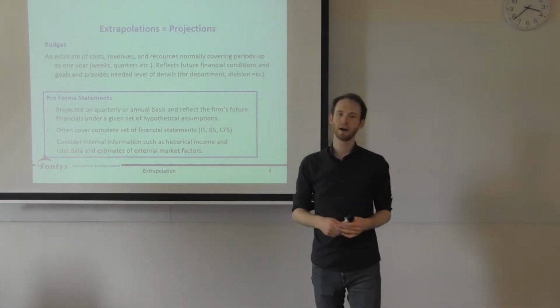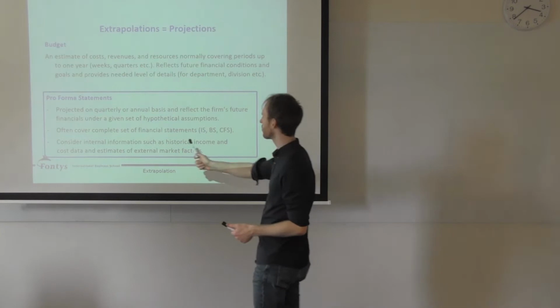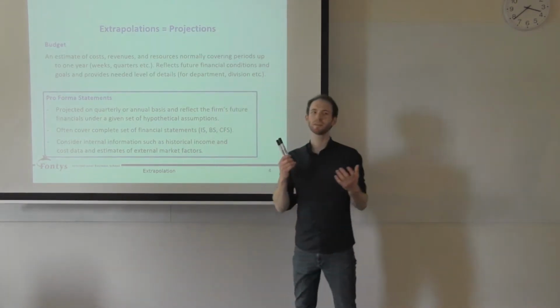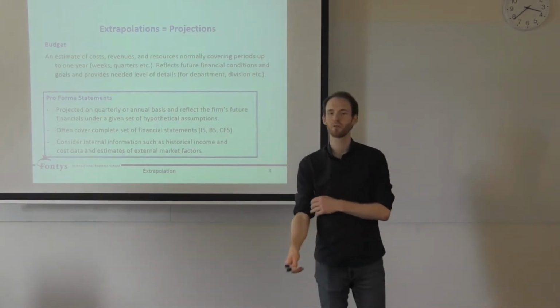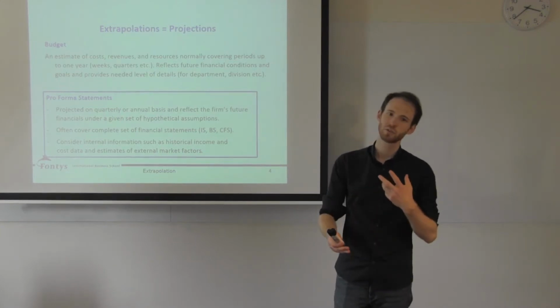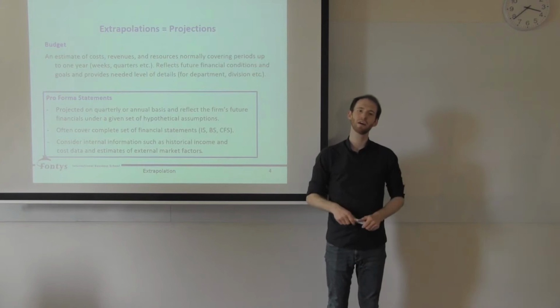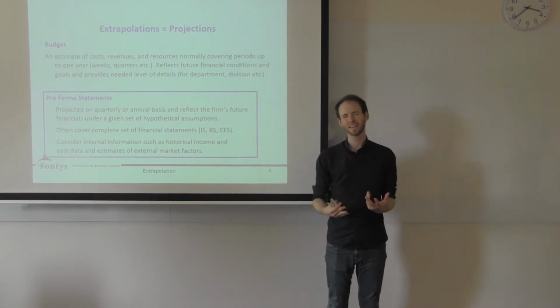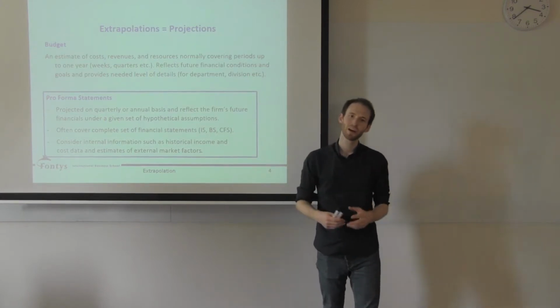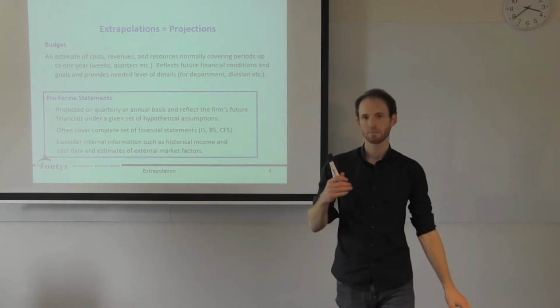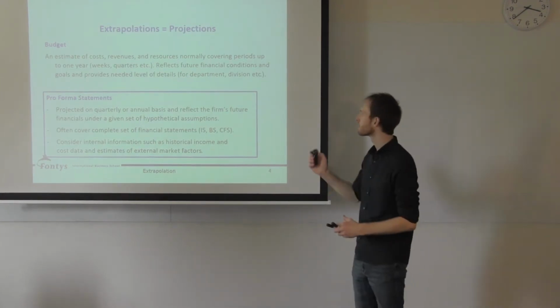How much were the costs in the past? And we combine that with external market factors, like what is the general growth of the market at this moment? What do our competitors do? What do we plan to do? And with this information, we get to a clearer idea of what the future of our company could look like in terms of the financial statements.